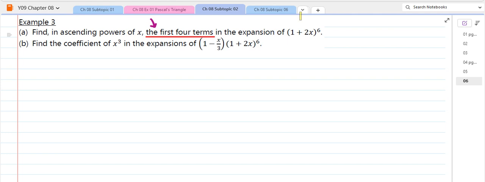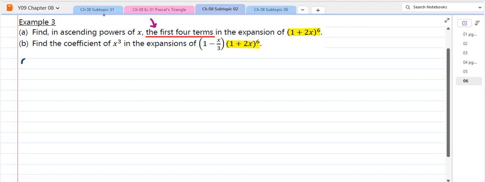And once you get the first 4 terms, you will use them to answer part B, which is to find the coefficient of x cubed in the expansion of (1 minus x) to the power of 3 times (1 plus 2x) to the power of 6.